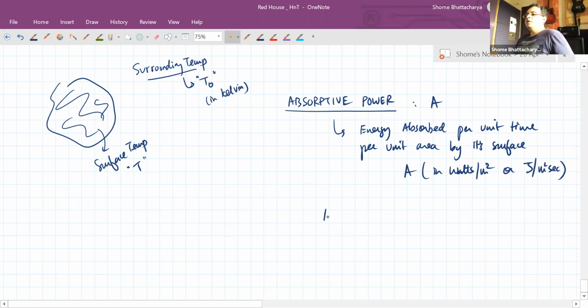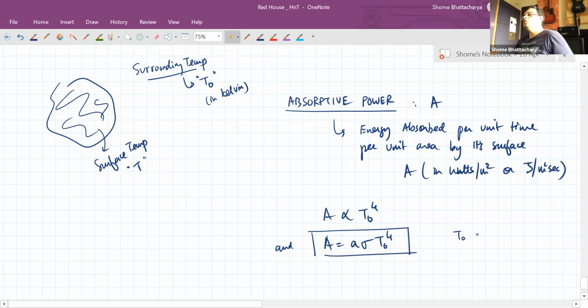So now absorptive power, as it turns out, is proportional to the temperature of the surrounding to the power 4. And again, that constant is a material factor called absorptivity, into the same universal constant, Stefan's constant, into the absolute temperature to the power 4. So T0 should be in kelvins. Sigma is the same thing as in the formula of emissive power.